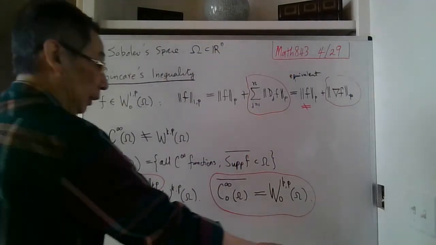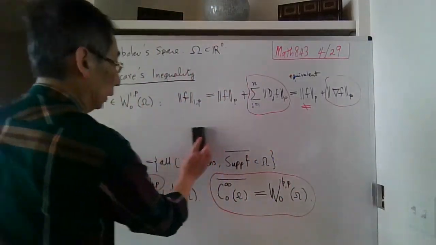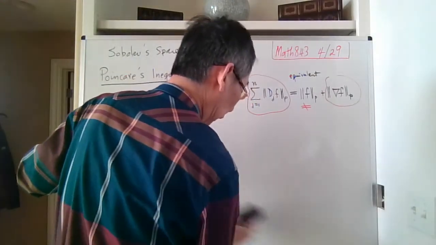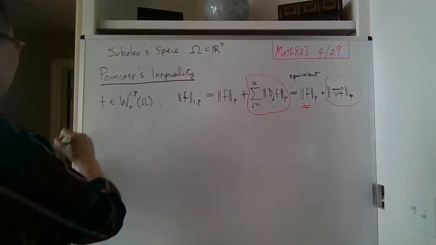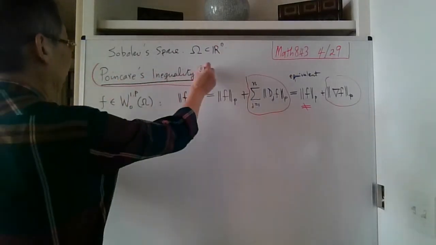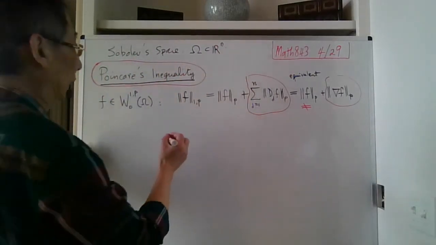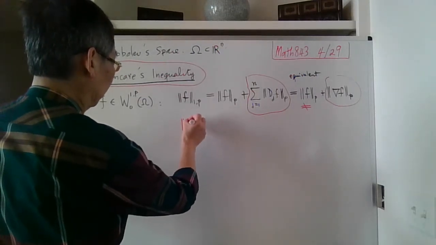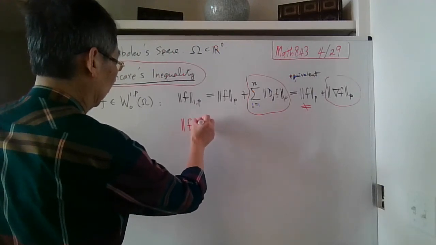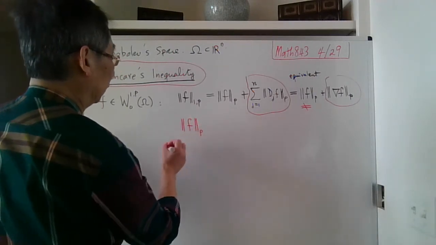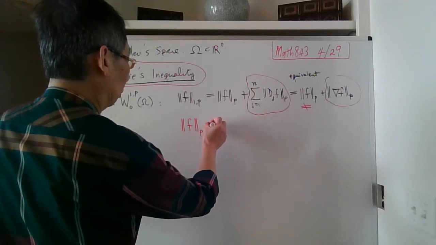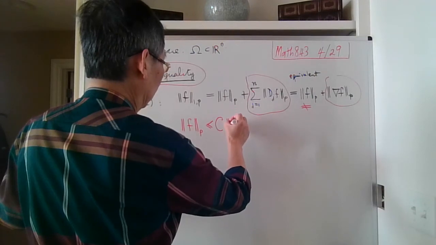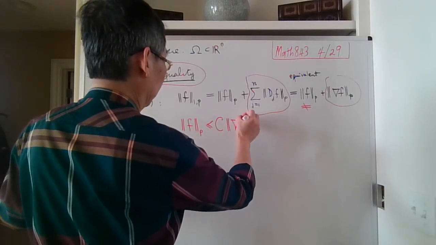Okay. Now with this introduction, you can talk about the inequality. Now what is the Poincaré inequality? This inequality simply says that if you take the L^p norm of f, it can be controlled by a constant times the L^p norm of the gradient of f.